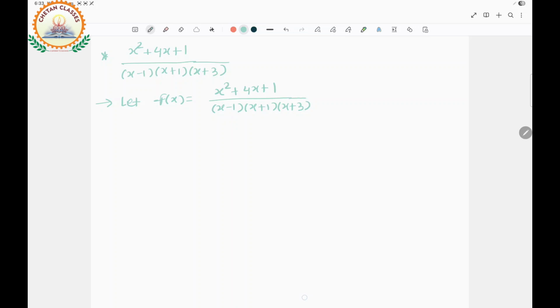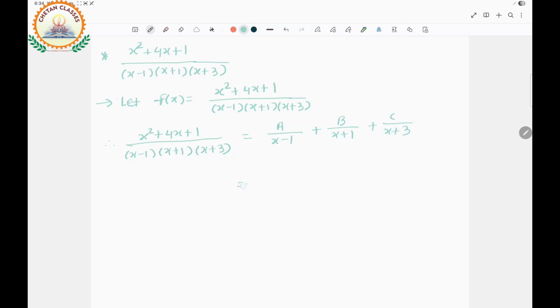Here, three distinct factors in denominator. So we get (x² + 4x + 1) upon (x − 1)(x + 1)(x + 3) is equal to A upon first factor plus B upon second factor plus C upon third factor.